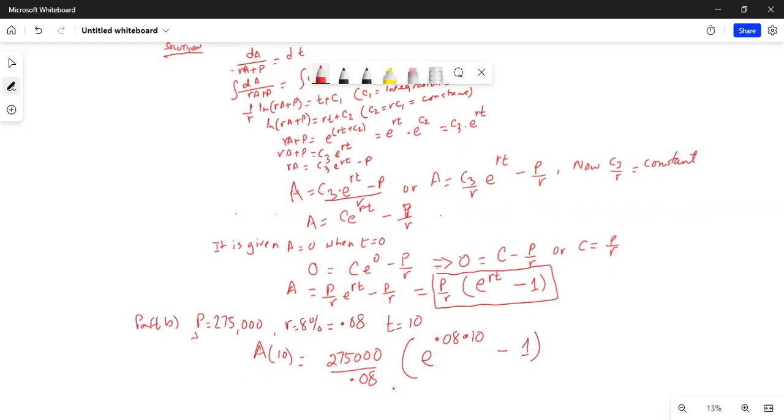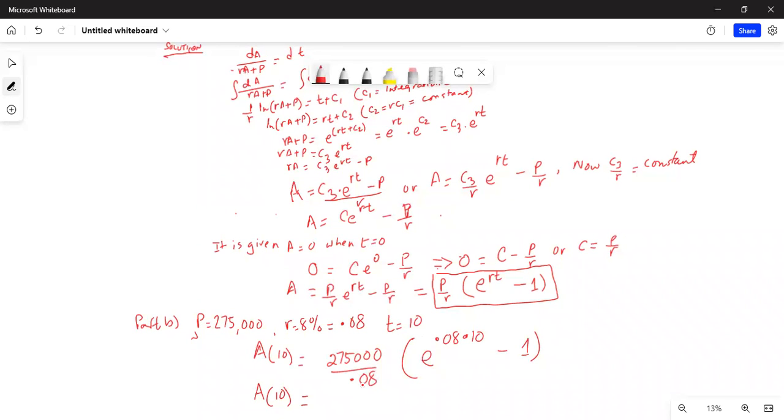Okay. So if we use our calculator, we will find the amount in 10 years. First, we will do e, that means second button and then the ln button gives me e, and the exponent of e is 0.8. That answer is 2.2255.